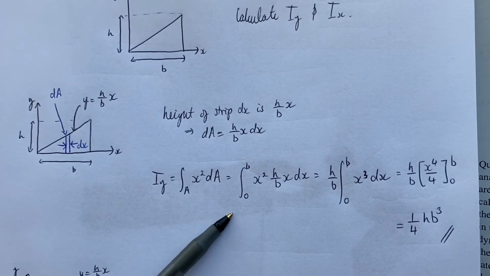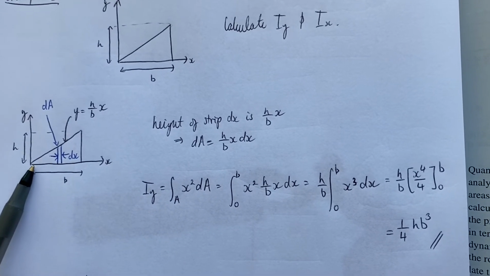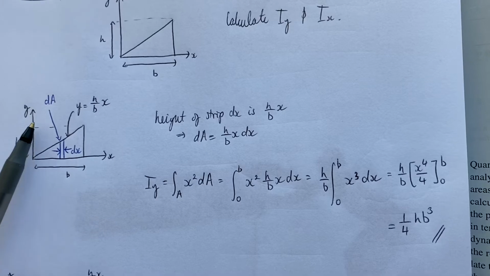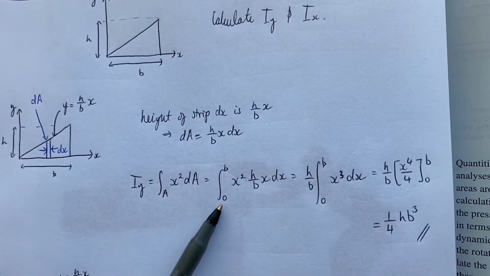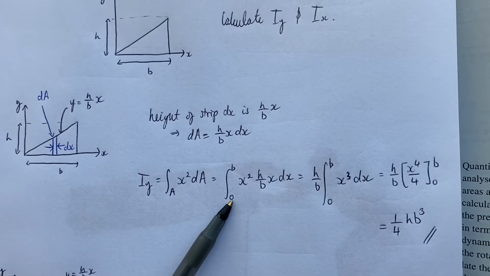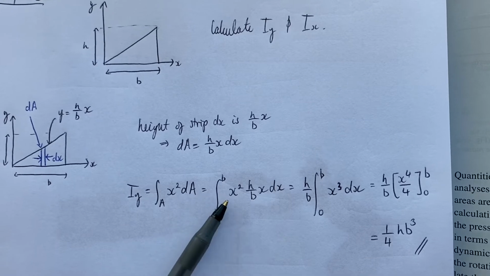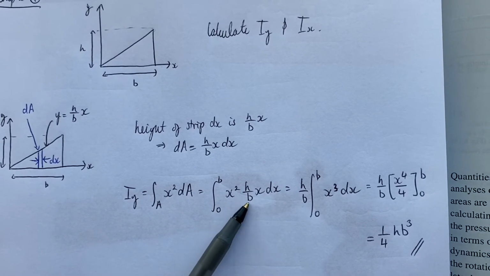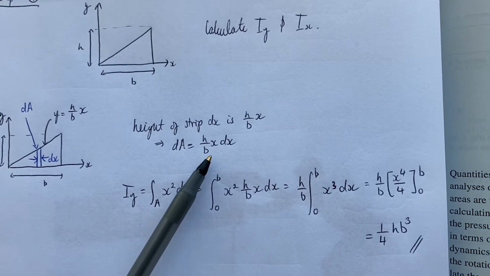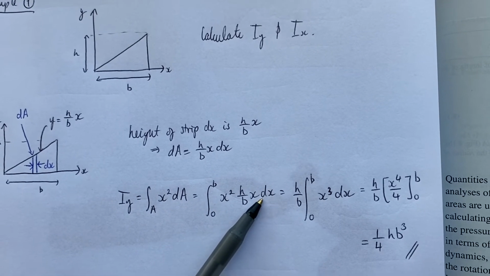So if we're dealing with distances from the y-axis, then we're dealing with an integral between 0 and b of all of the x squareds multiplied by dA, which we just worked out here, h over b times x with respect to dx.